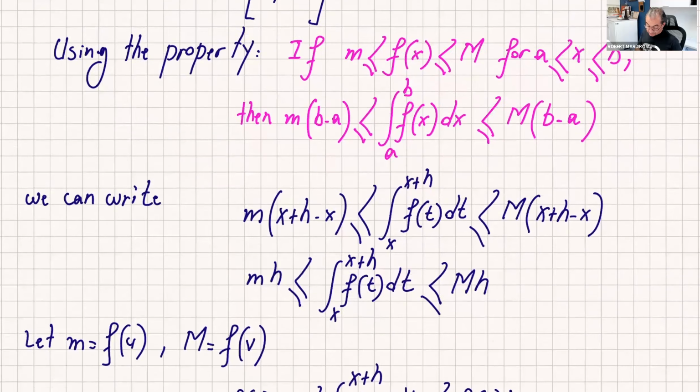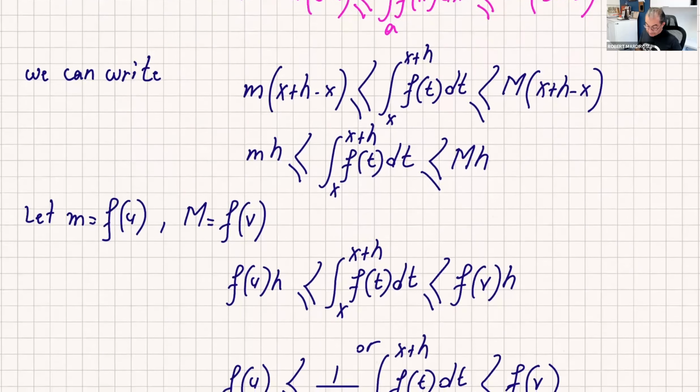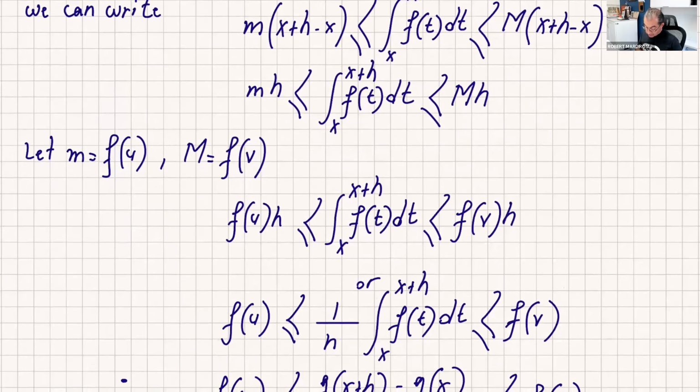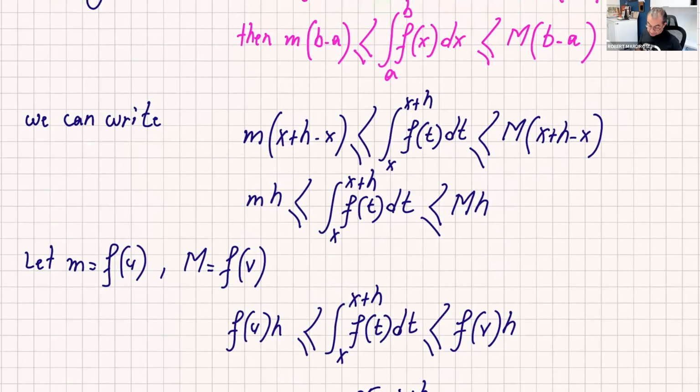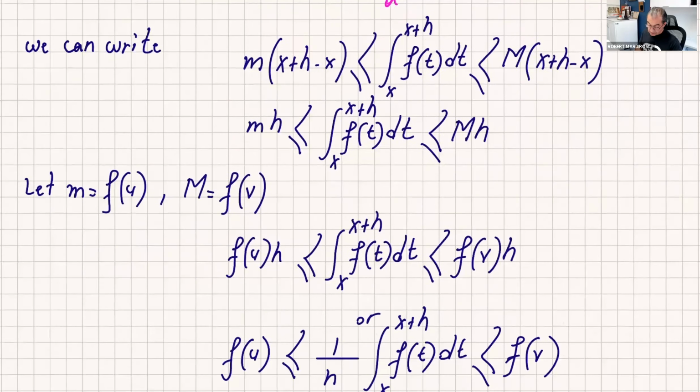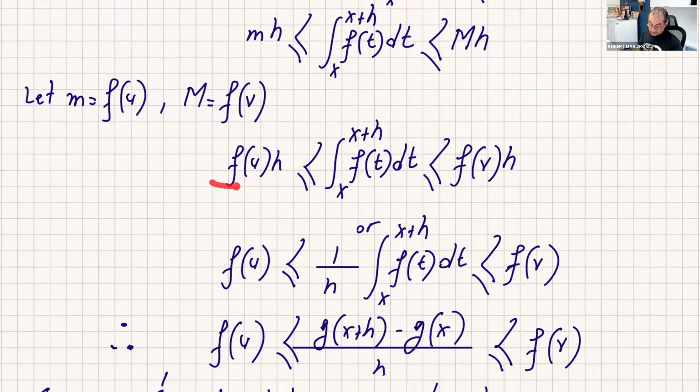Now we divide everything by h. Let's substitute little m, which we know is f of u, and big M, which we call f of v. If we divide all three sides by h, that's what we get: f of u is less than 1 over h times the integral, which is less than f of v.